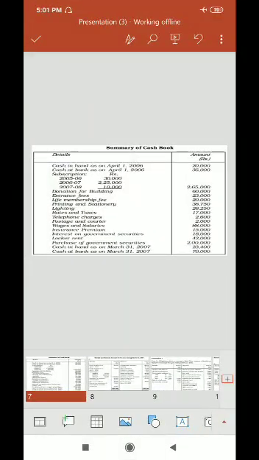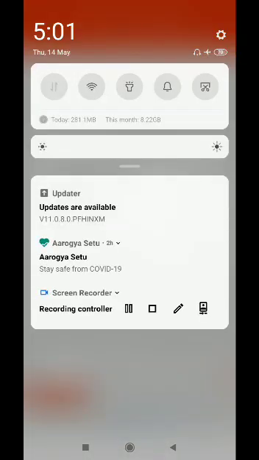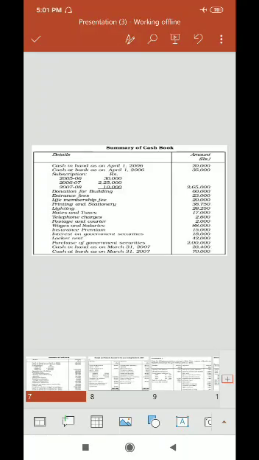Firstly, cash in hand as on April 1st, 2006. First, you are supposed to understand which is your closing date. Your closing date is March 31st, 2007, meaning your financial year is April 1st, 2006 to March 31st, 2007. For the previous year, they did the business for the year 2005-6.